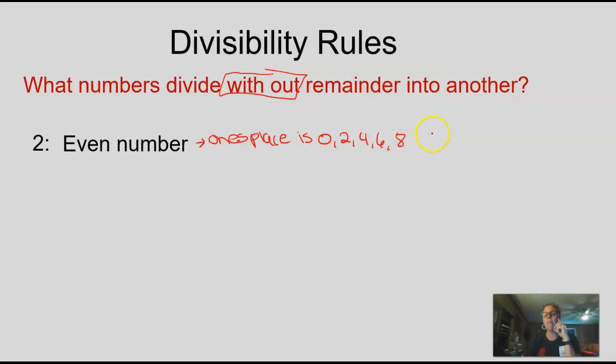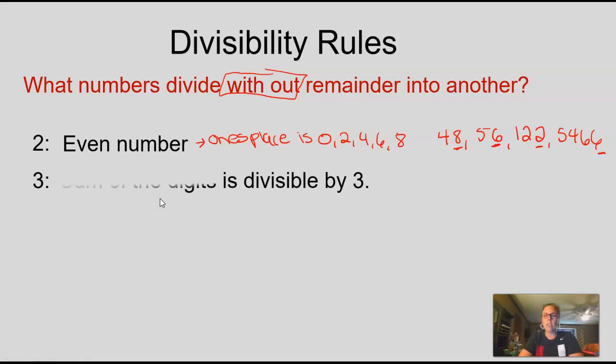So for example, 48, 56, 122, 5,466. Those are all even because the ones place is even.